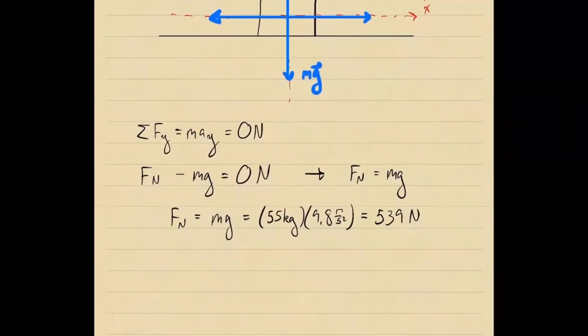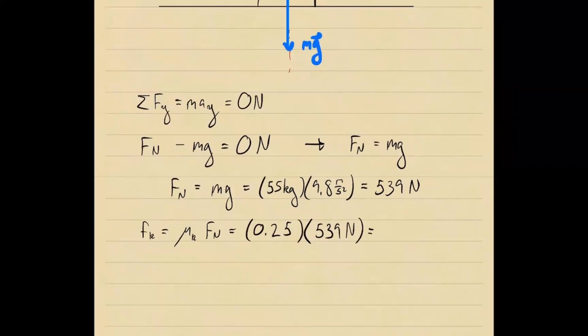So next up, we can actually calculate the magnitude of our kinetic frictional force, right? Because that's just equal to our coefficient of kinetic friction times the magnitude of our normal force. But we know both of these things, right? Because the problem tells us that our coefficient of kinetic friction is 0.25, and our normal force we just found to be 539 newtons.